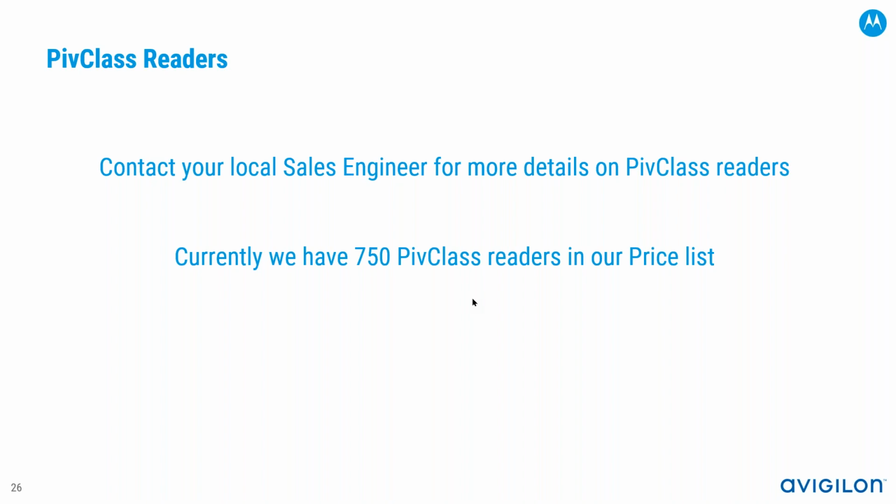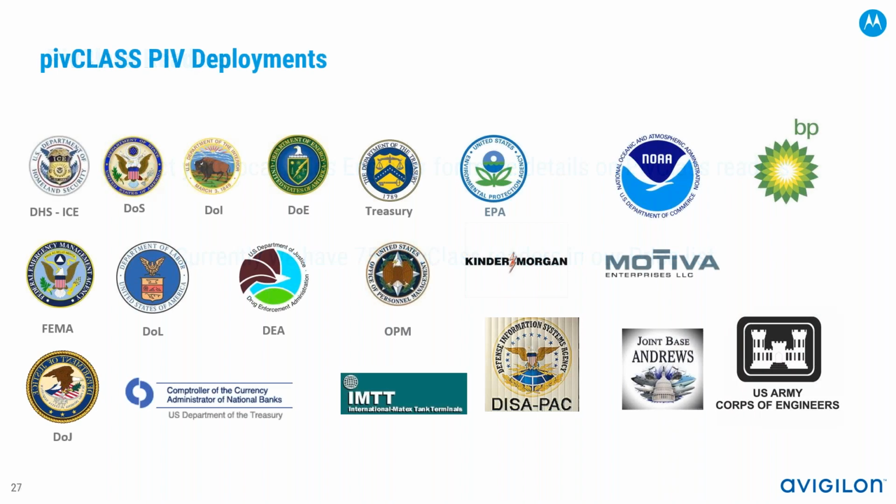Okay, so with that being said, just for illustration, here are some of the locations where PIV is being utilized. I would expect all these guys here, that goes without saying, but this was kind of a surprise: British Petroleum, I guess their terminals and refineries. You can consider those high secure, high sensitive facilities.